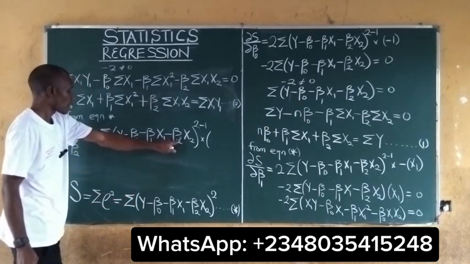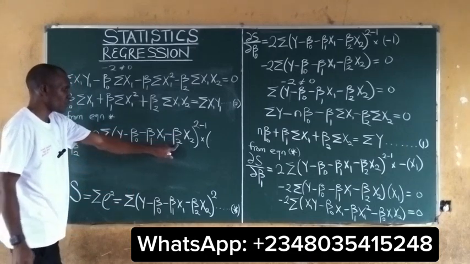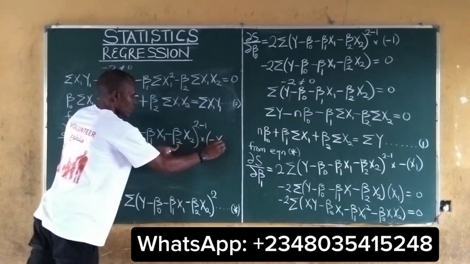If we differentiate with respect to b2, we get negative x2.